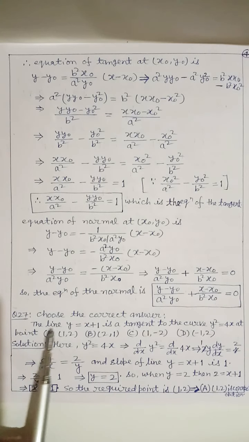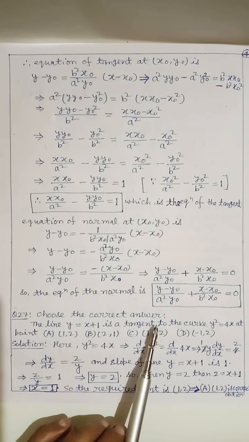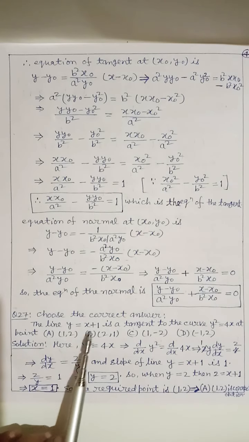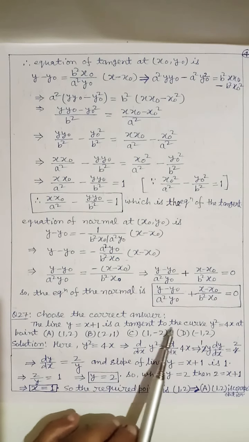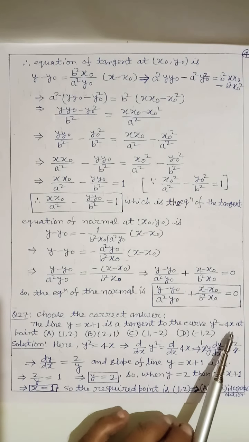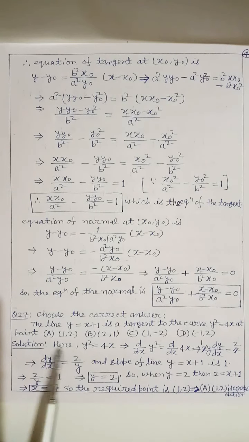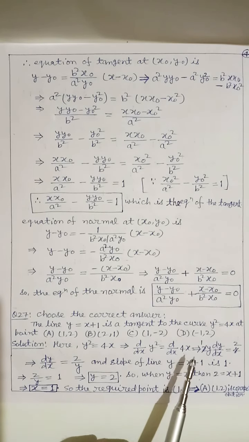Question number 27. Choose the correct answer. The line y is equal to x plus 1 is a tangent to the curve y square is equal to 4x at the point. Here we choose which one is correct.